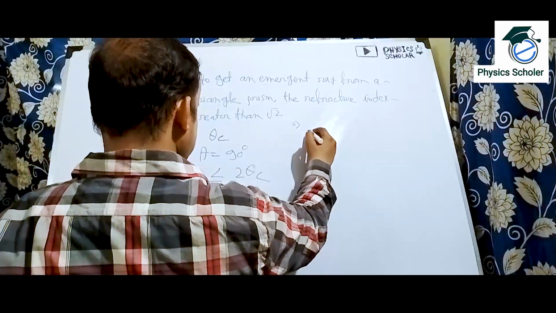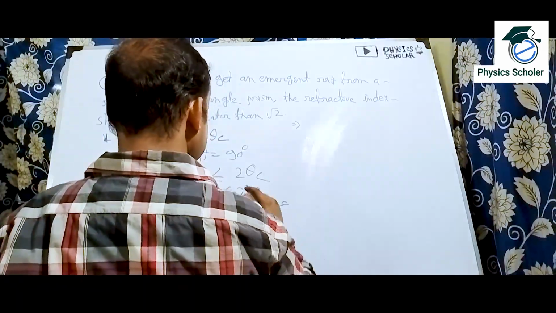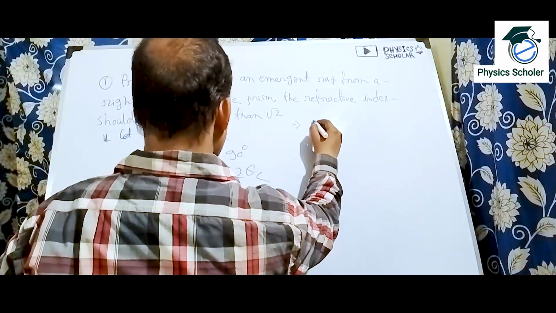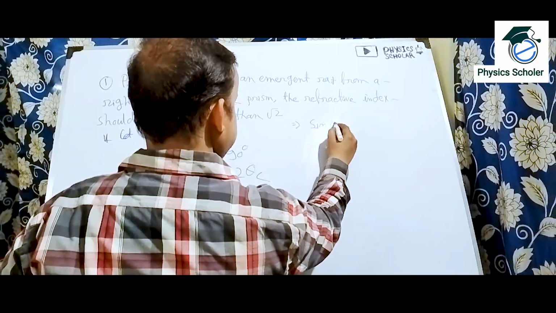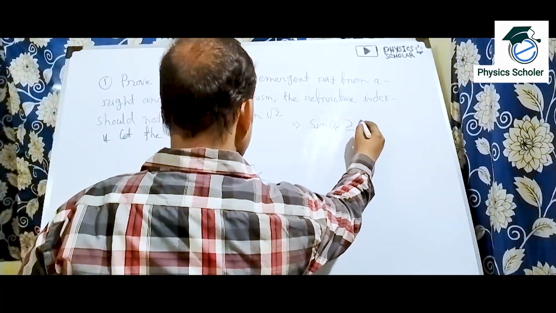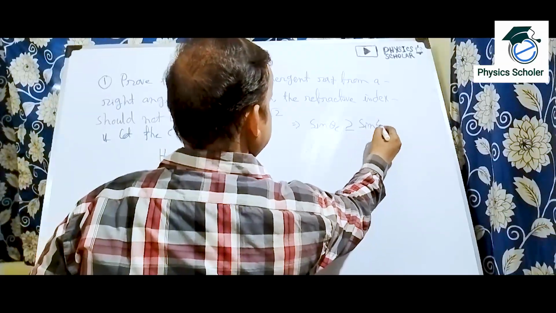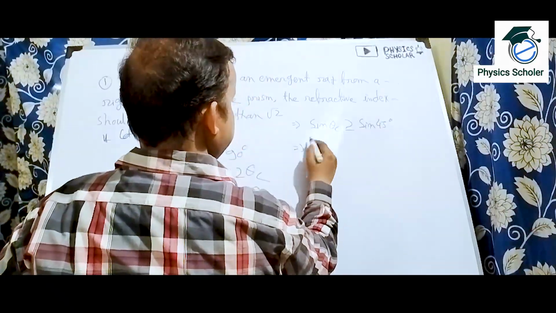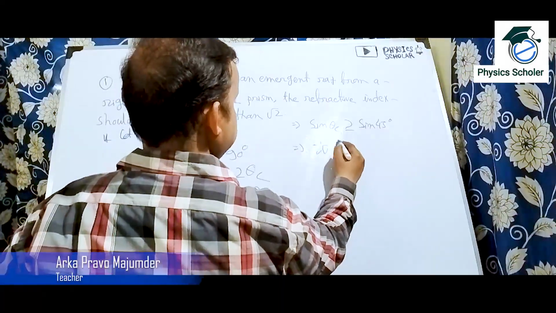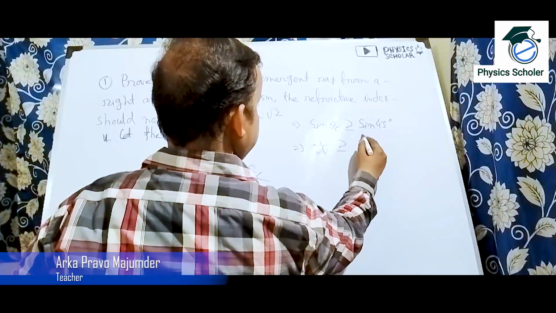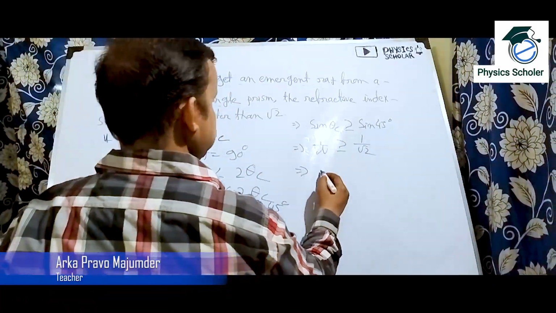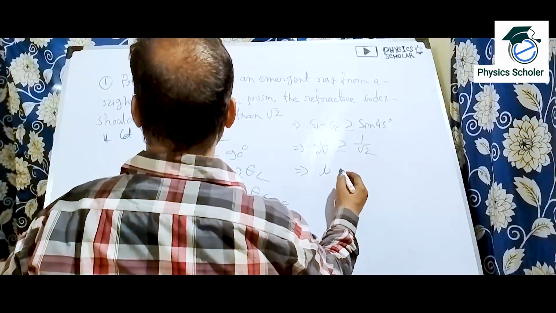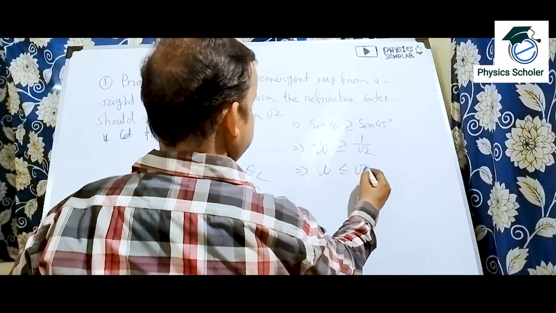Now sin theta c is greater than or equal to sin 45 degrees. So sin theta c means 1 by mu, which is greater than or equal to sin 45, which is 1 by root 2.